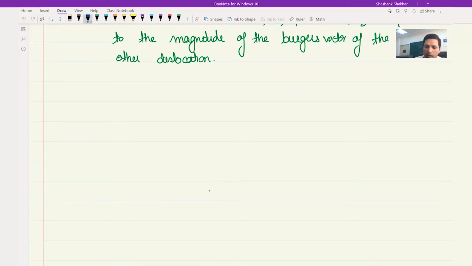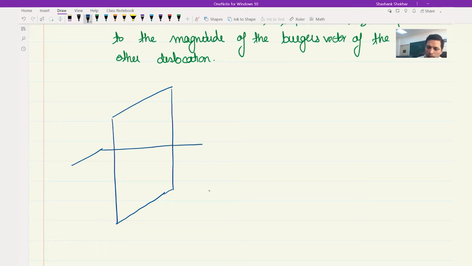So let's say we have one plane like this, and the other plane like this. Over here, we have a dislocation line like this.